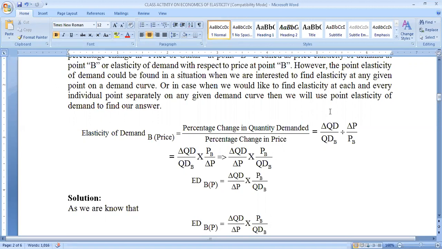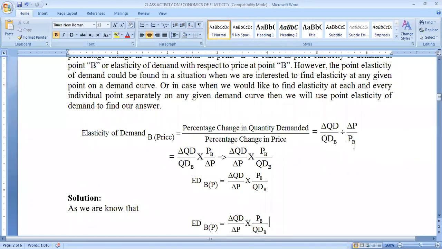Okay, so with QD we have point B, and with price we have point B. Why do we have point B? Because we are told that we have to find out elasticity of demand at point B. That is why we have mentioned the quantity demanded and price at point B.